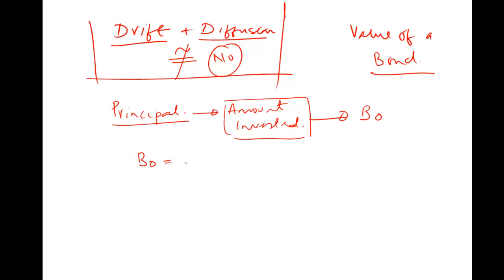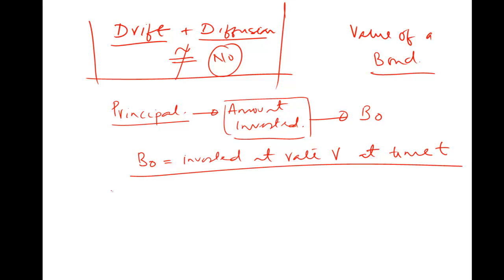So B naught basically says, I've put in $100, and my question is that how would this investment, how would this amount grow? It's going to grow at a rate R over a period of time T.